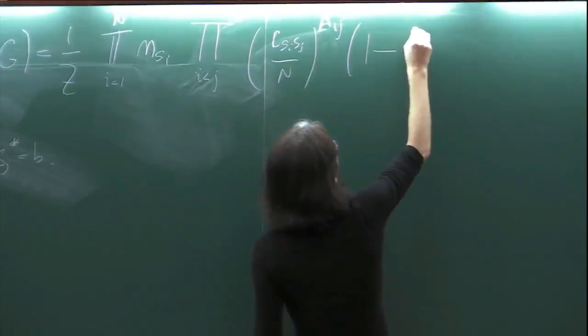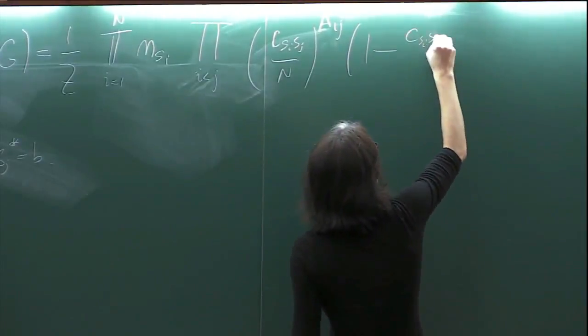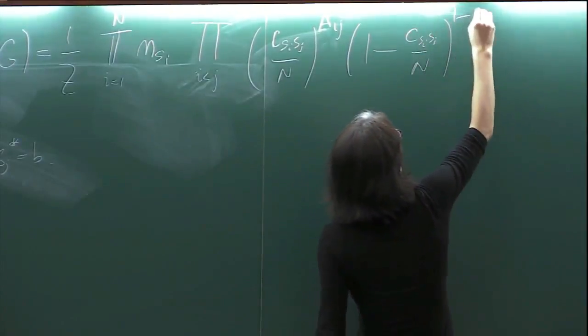And that is 1 minus that divided by n if the edge was not there.